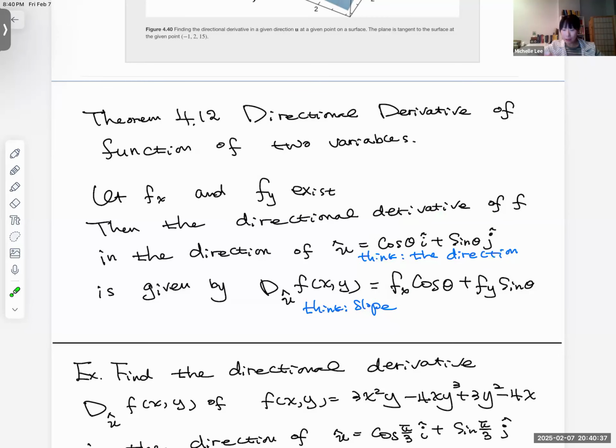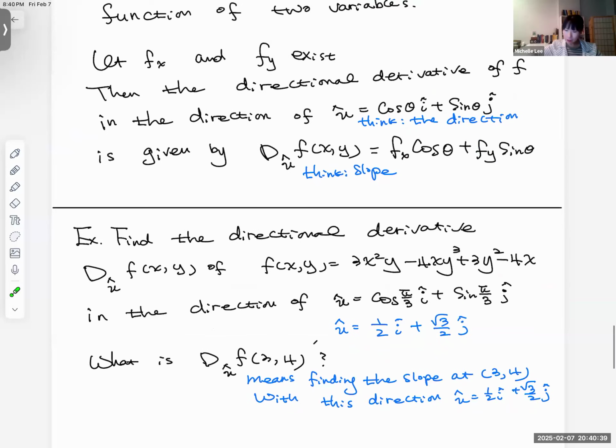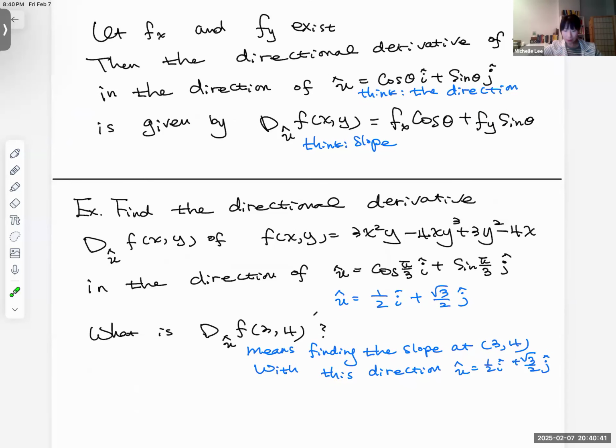Okay, now we have the example. We have an equation there. We want to find the directional derivative of this equation following this direction: cosine pi over 3 i hat and sine pi over 3 j hat. So what's the cosine pi over 3? It's 1/2.